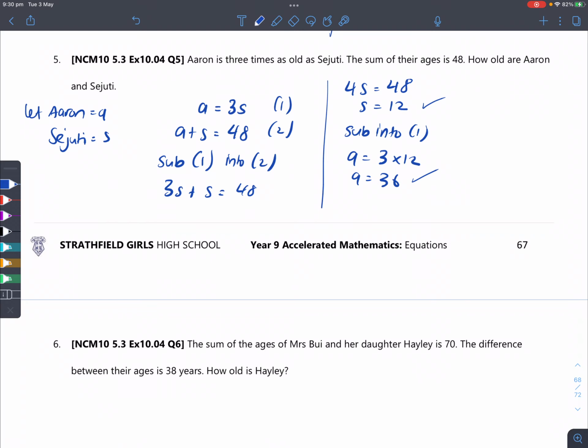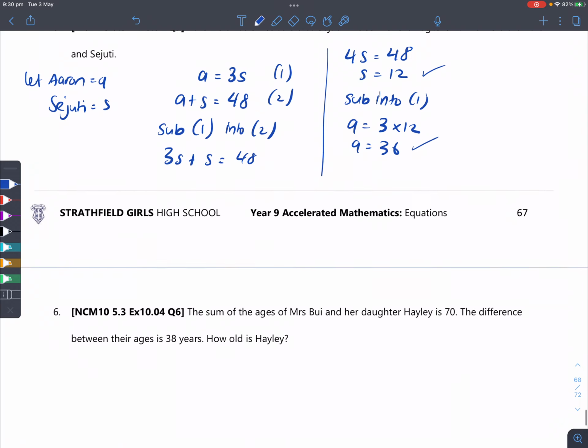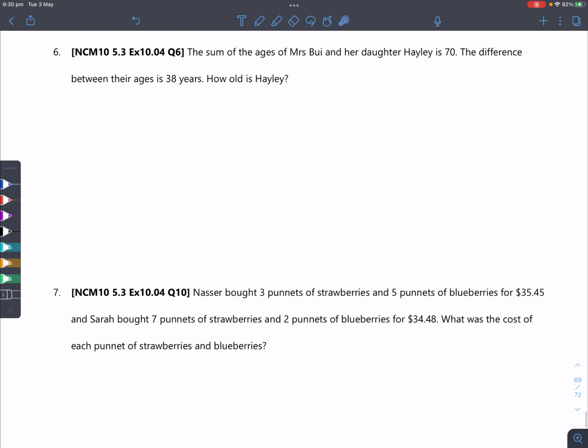Right, question 6. The sum of the ages of Mrs. Bui and her daughter Haley is 70. The difference between the ages is 38 years. How old is Haley? So, let's say Mrs. Bui equals B, okay? I'll just make a capital B this time. And then the daughter Haley equals H. So what that means is the sum of their ages, when you add them together, gives you 70.